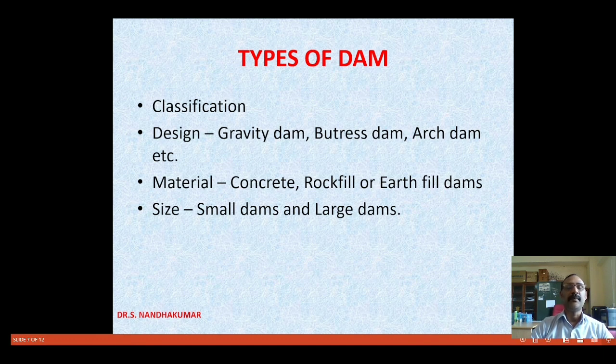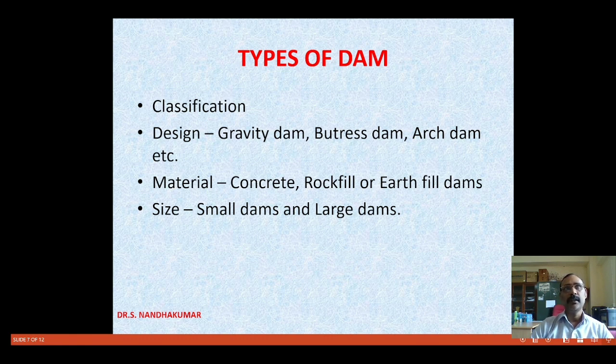Types of dams are classified in three categories: design, material, and size. The design of the dam is very important.